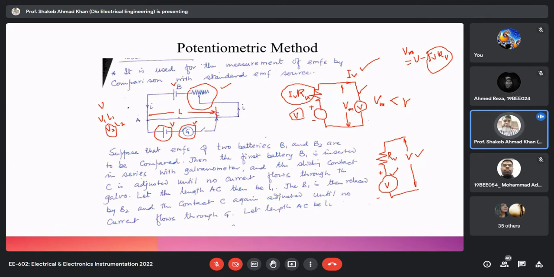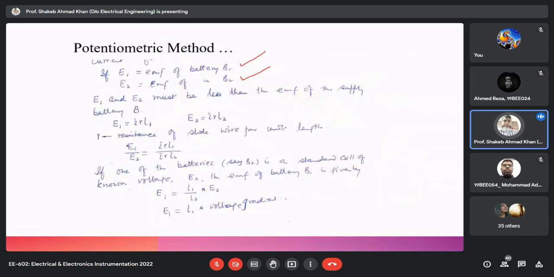Otherwise, because your drop will be less than this voltage, it will be very difficult. Means you won't find the null deflection. So this is a very important condition, that E1 and E2 must be less than the EMF of the supply battery.